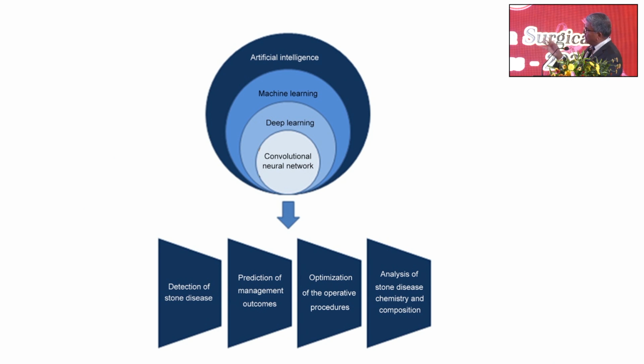We'll talk a little bit about AI, machine learning, deep learning, and neural networks, and those form the four components of what is used to detect stone disease, predict its management, optimize the operative procedures, and analyze the stones. So fairly straightforward.